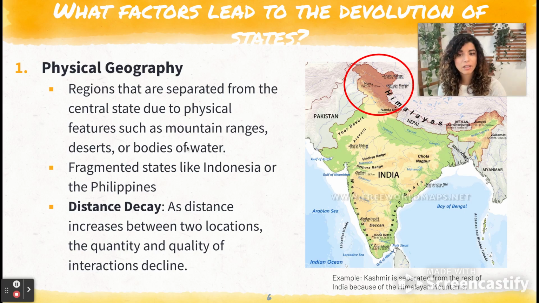Fragmented states, like actual separation geographically, like Indonesia or the Philippines, are more prone to this. Distance decay, right? Keep that in mind from Unit 1. As distance increases between two locations, the quantity and quality of interactions decline, which can lead to devolution.